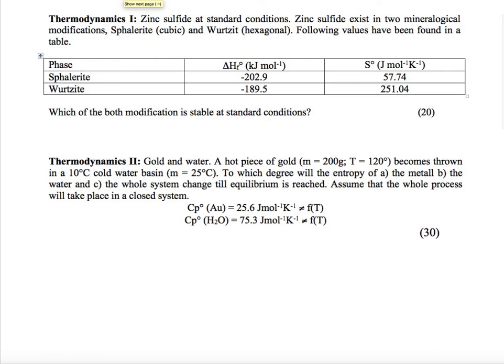Here we have the enthalpy values at standard conditions for the sphalerite and the wurtzite, and the entropy values at standard conditions for the sphalerite and the wurtzite. The question to be answered is, which of the two modifications is stable at standard conditions?